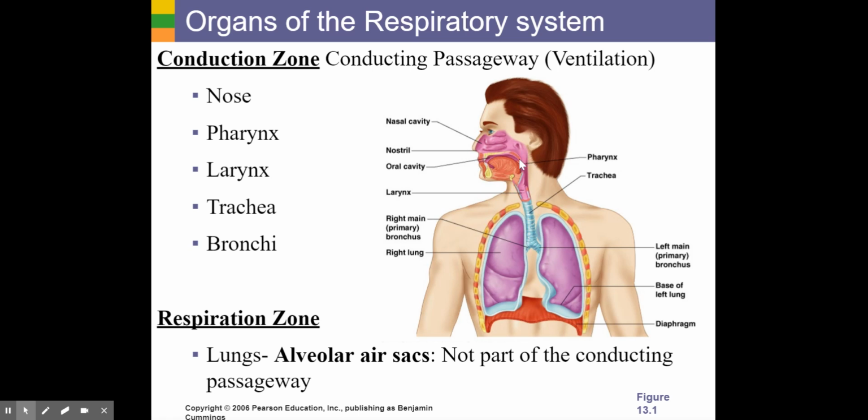The pharynx is the junction between the nasal, oral, and esophageal cavities. And then the larynx is the level at which our voice box sits. From there on down, we have our trachea and then the two main bronchi that branch off of those. And like I said, the respiratory zone essentially is housed directly in each lung. So we're going to mostly take a look at the conduction zone over the next couple days here.